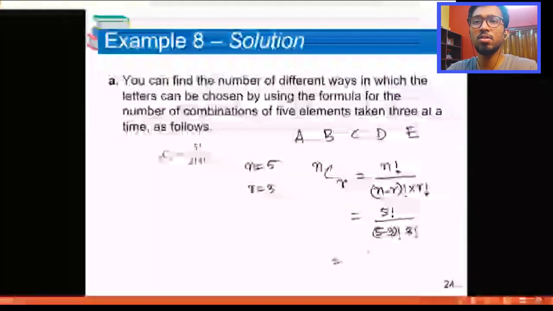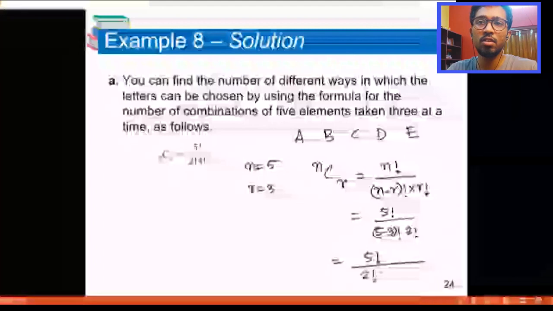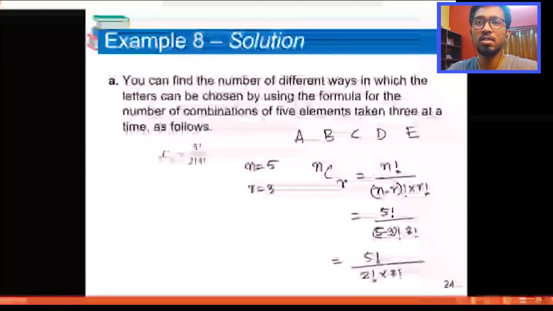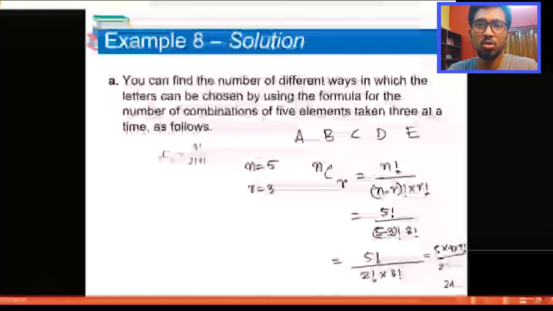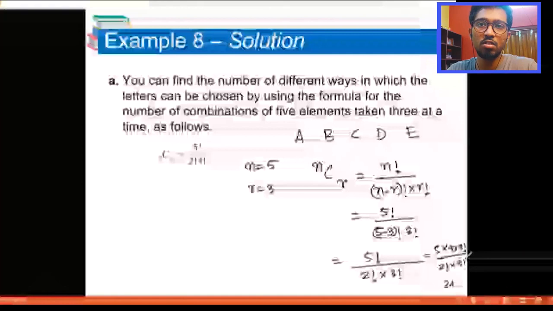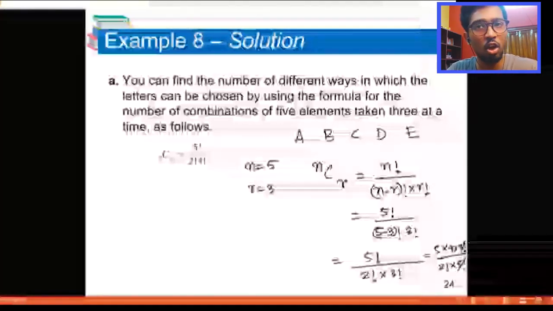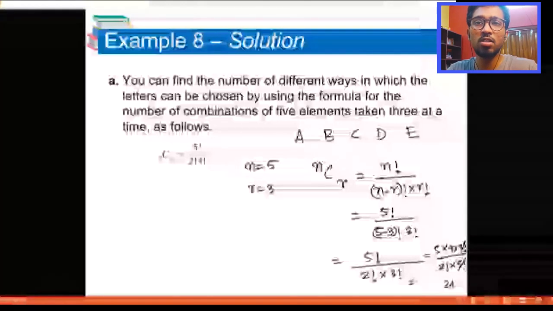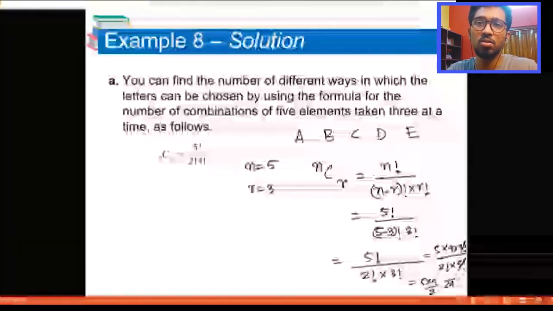Let's simplify this. We have 5 factorial divided by 2 factorial into 3 factorial. I can write it as 5 into 4 into 3 factorial divided by 2 factorial into 3 factorial. I can cancel the 3 factorial from the numerator and the denominator, and 2 factorial is equal to 2. So 5 into 4 by 2 is equal to 10.